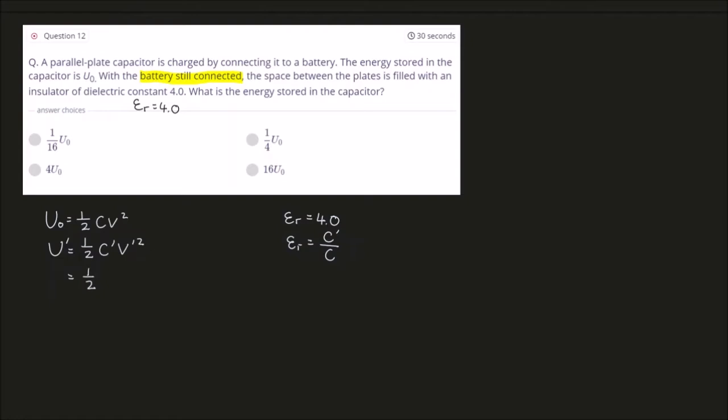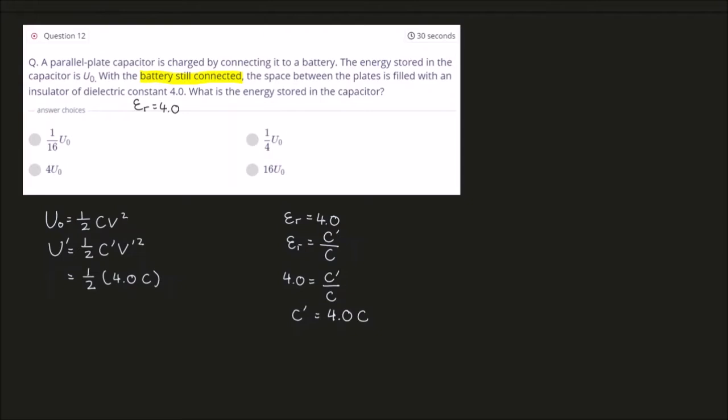Without prime, there's no dielectric for this specific case. So because this is equal to 4.0, we know that the new capacitance will be 4 times the old capacitance. So we can substitute that in as 4.0 C.